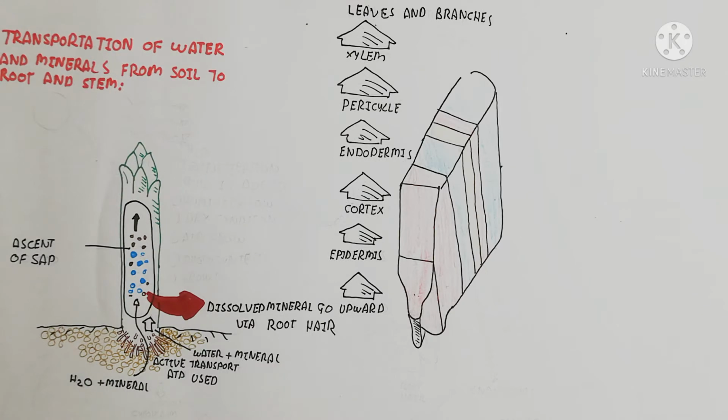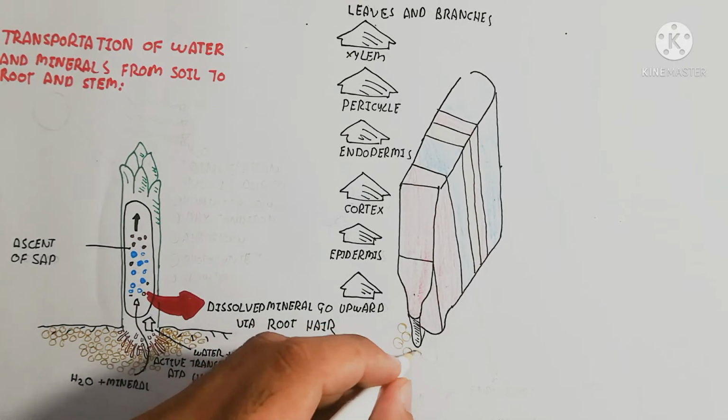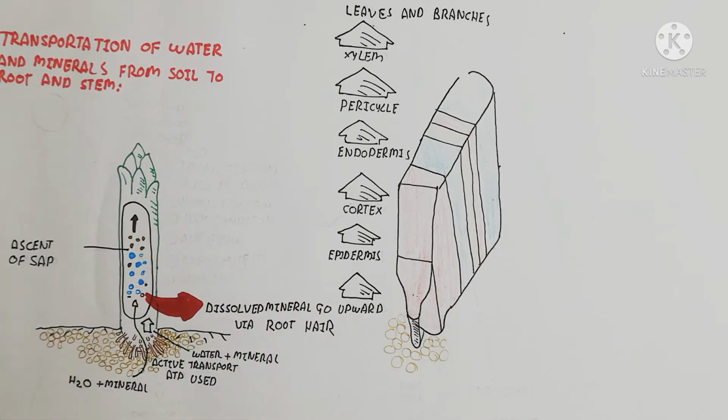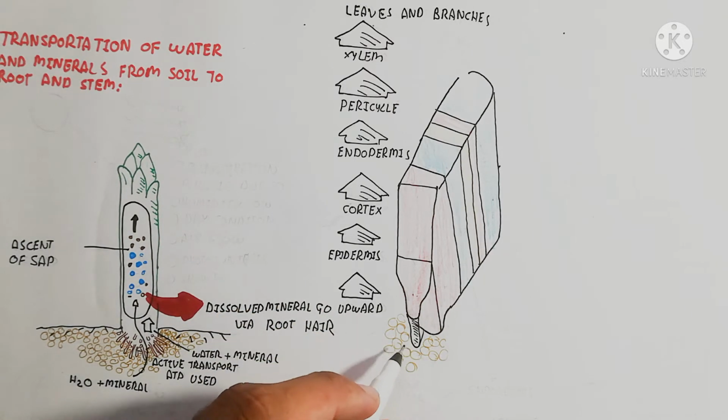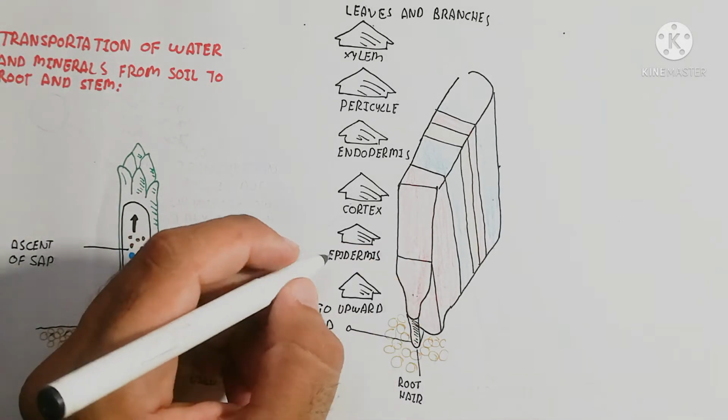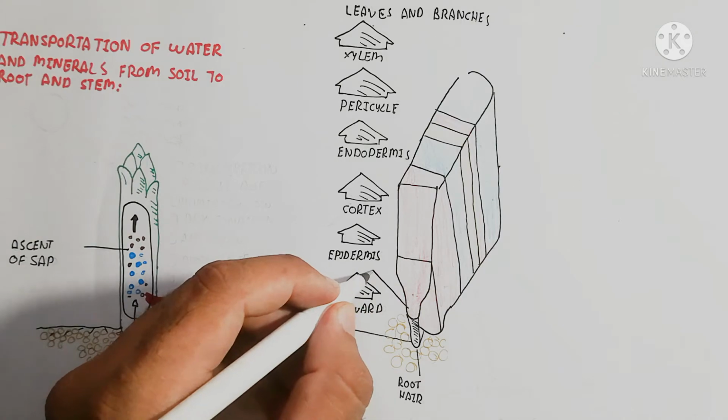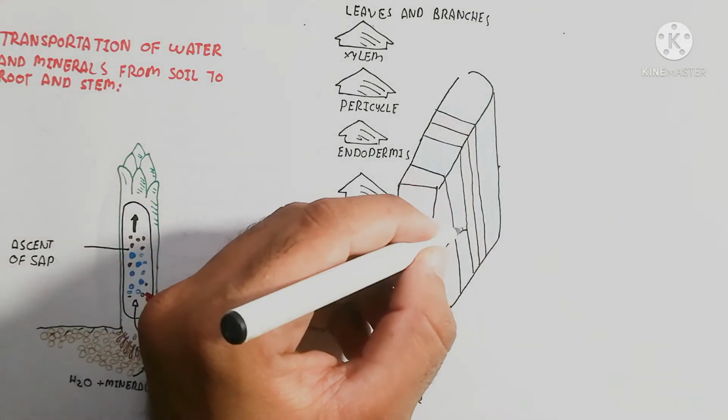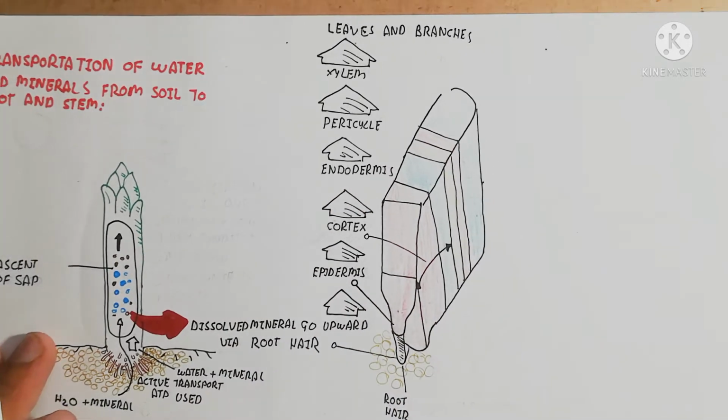So here is a cross section, looking like this slice. Here is a root. This root absorbs the water from the soil as well as minerals, and these minerals go into the epidermis and cortex, cortex to endodermis, and endodermis to pericycle.